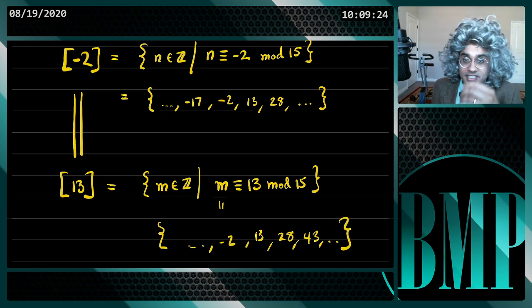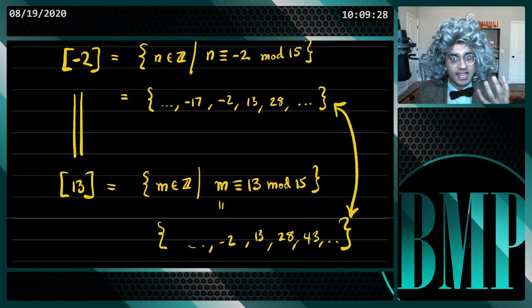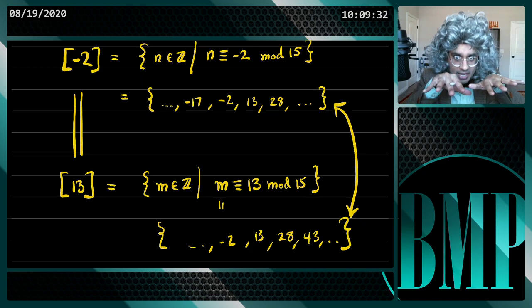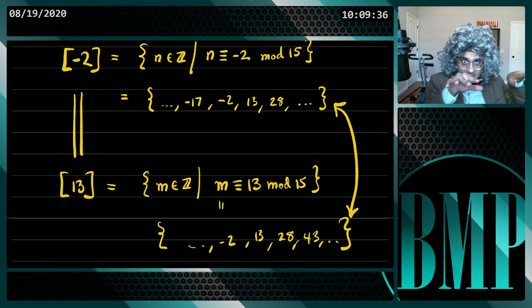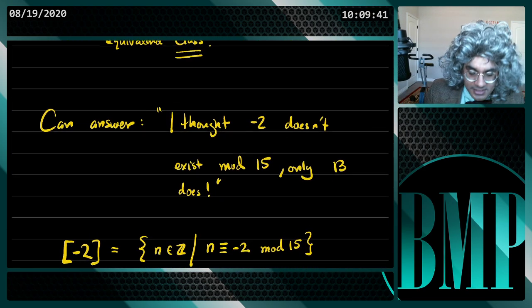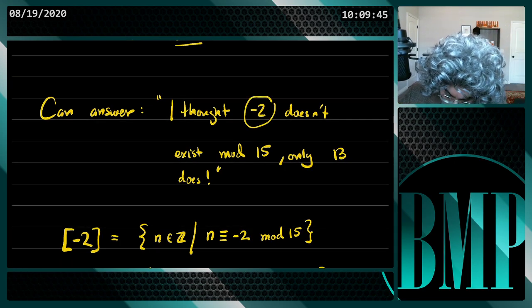Yeah? You get that set. But notice, these are literally the same sets, the same chunks of the integers. And if you look at them, it'll be like this equally spaced out collection of integers, exactly 15 apart.